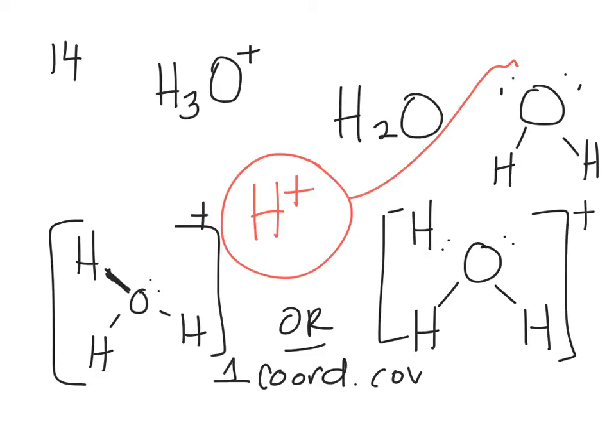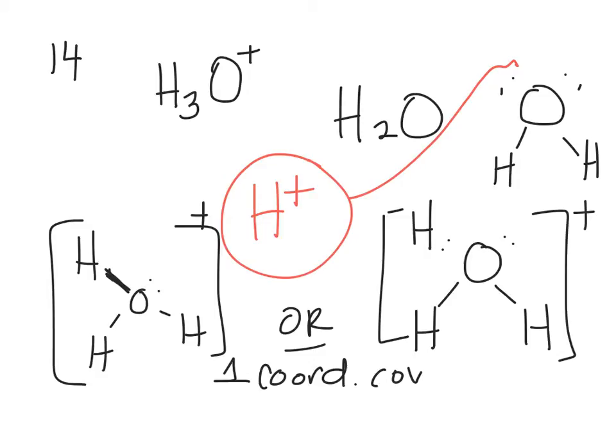Okay. Non-polar covalent or polar covalent? How do you figure that out? What should you be doing if I ask you, is it non-polar or polar covalent? You need your periodic table, you need your electronegativities.